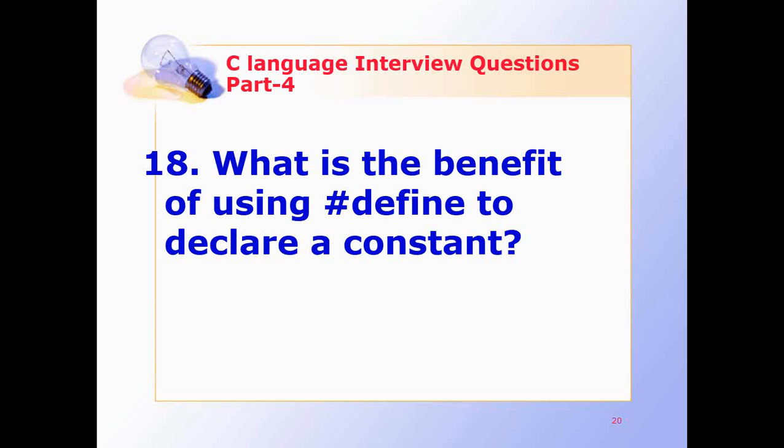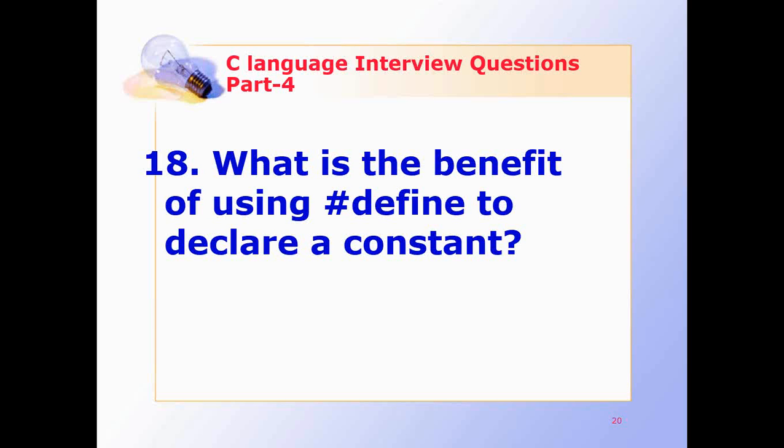This helps make your programs more maintainable because you need to maintain only the #define statement and not several instances of individual constants throughout your program. For instance, if your program uses the value of pi several times, you might want to declare a constant for pi as follows: #define PI 3.14159.